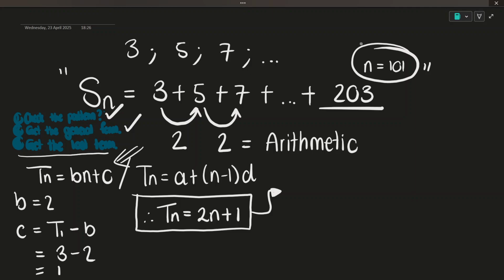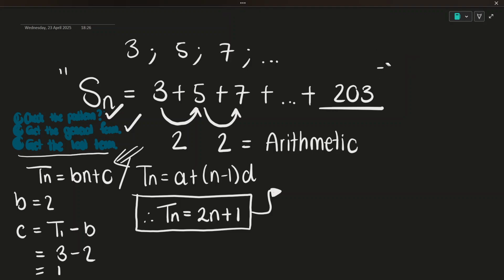So let's say we did not have that n is equal to 101. In order to do this, you would have just said 203 is equal to 2n plus 1. Now you take away 1 from both sides. So now you'll have 202 is equal to 2n. Divide both sides by 2.